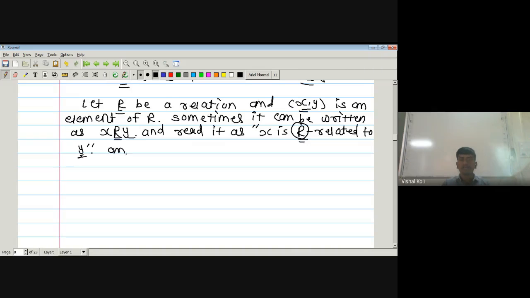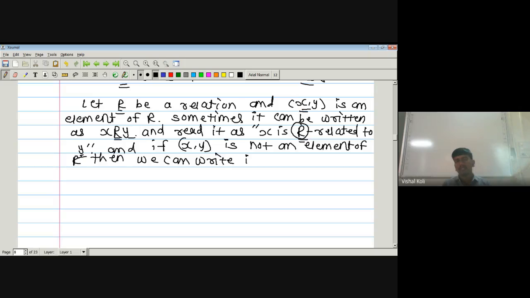And if x, y is not an element of R, then we can write it as x with a slashed R symbol y, and read it as x is not R related to y.